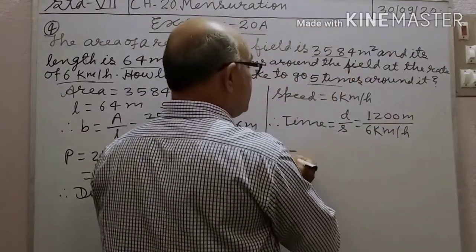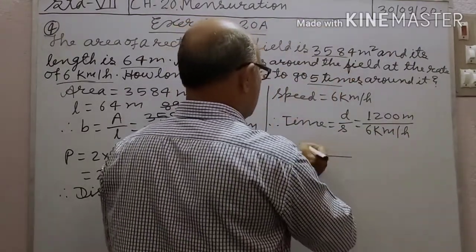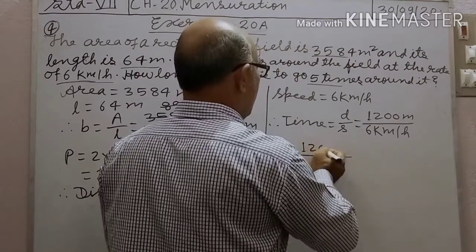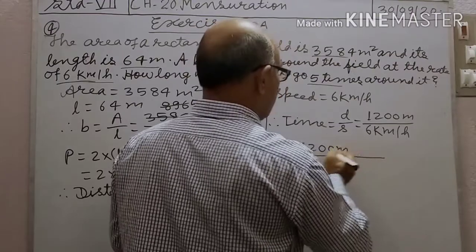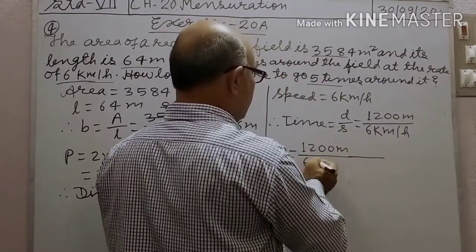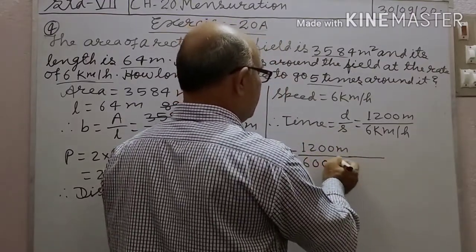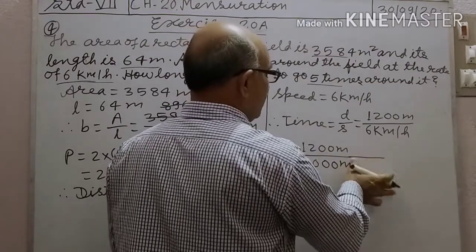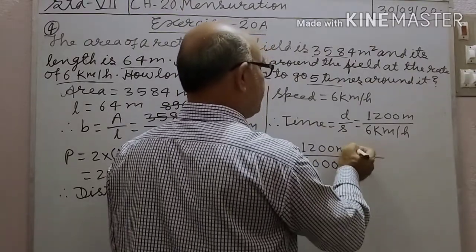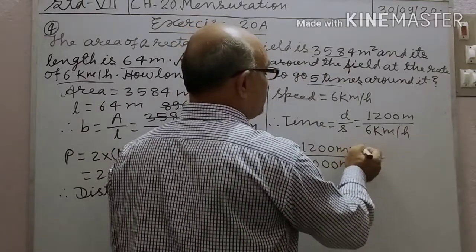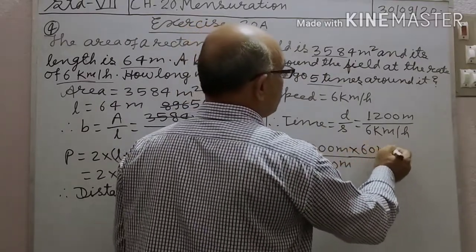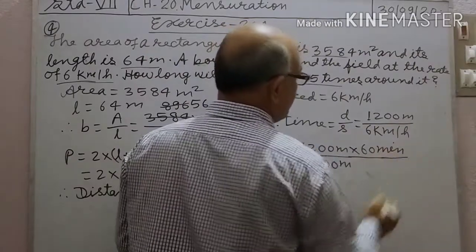Now change it. 6 kilometer change into meter, so 6000 meter divided by hour. Hour change into minute, so 60 minute. 1 hour equal to 60 minute.